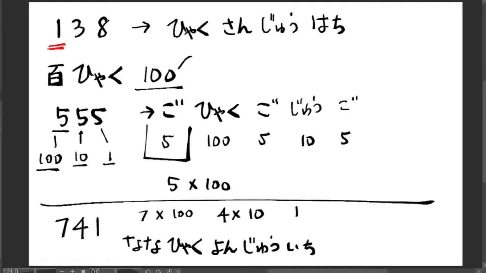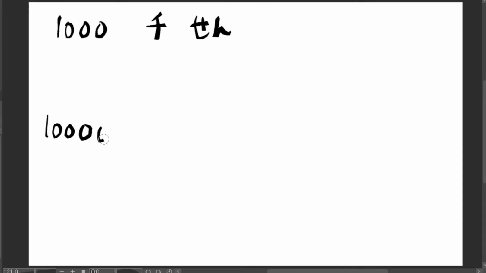Okay, so I'm going to explain. 100 is hyaku. So what about 1,000? The kanji is like this, and it is read as sen. And then 10,000, the kanji is like this, and it is read as man.